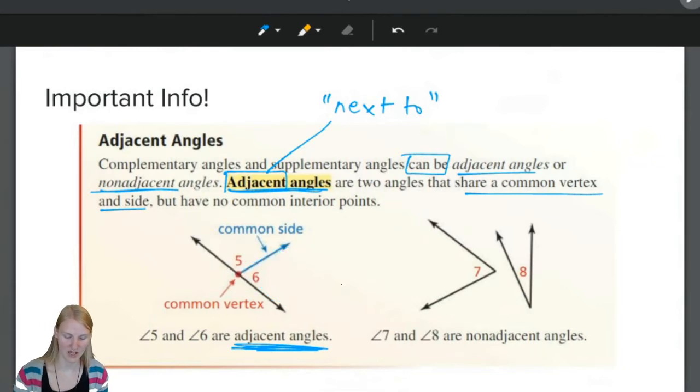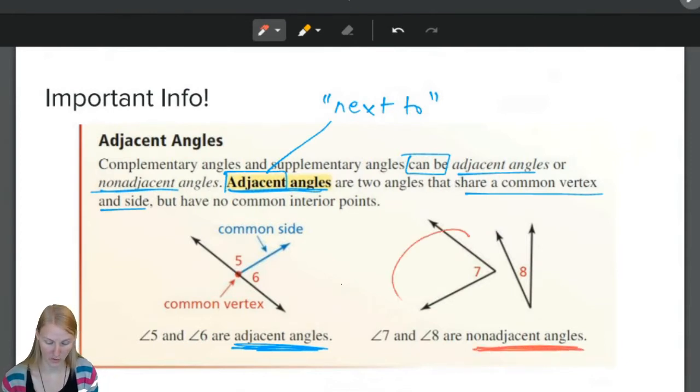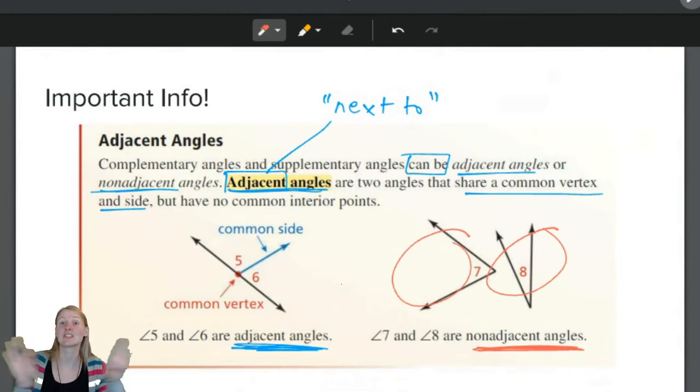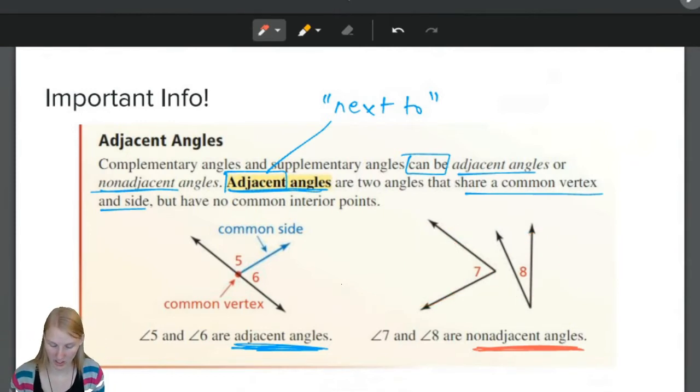So that means they are adjacent. Different color. These are non-adjacent angles because one is over here and one is over there. They're completely separate.